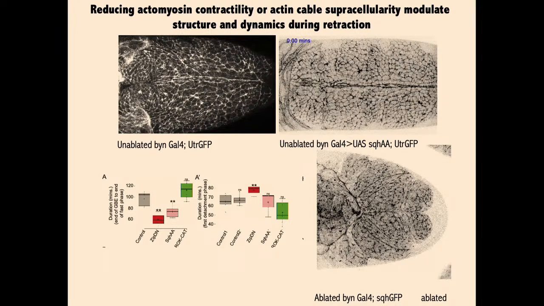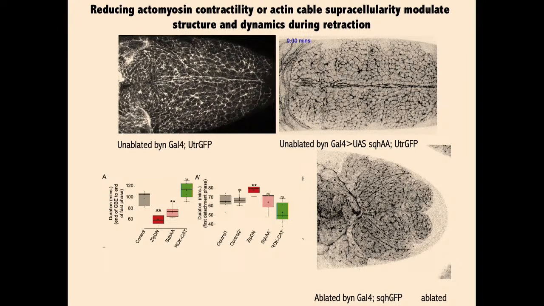But what was surprising to us was that if you affected contractility in this region here, the effect it had on the kinetics of retraction was to actually hasten the process. So the duration of the time it took for this end to reach a particular point, we've divided it into phases, but the duration of this retraction phase was actually shorter compared to control.